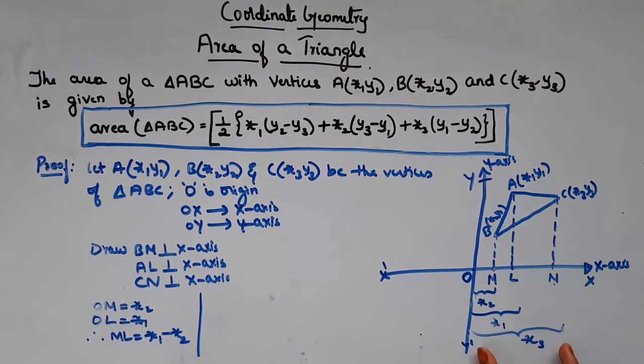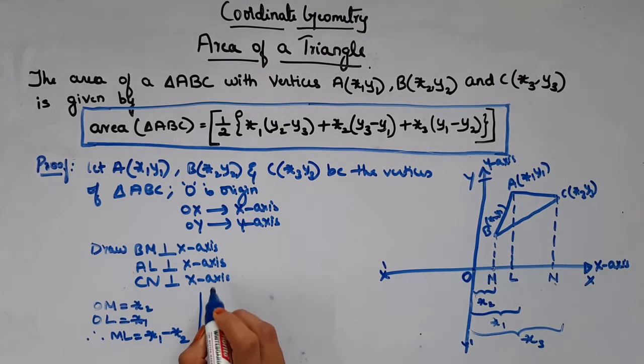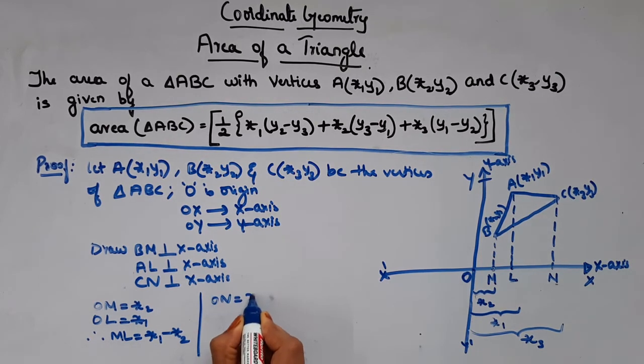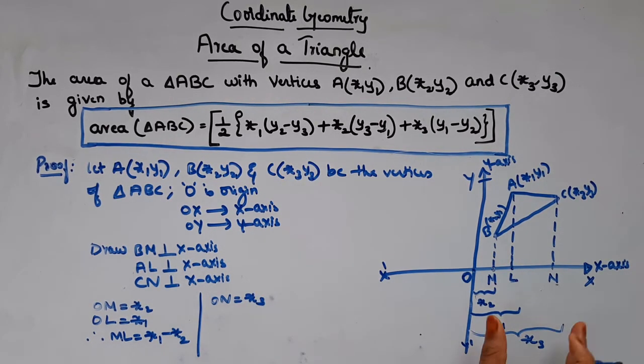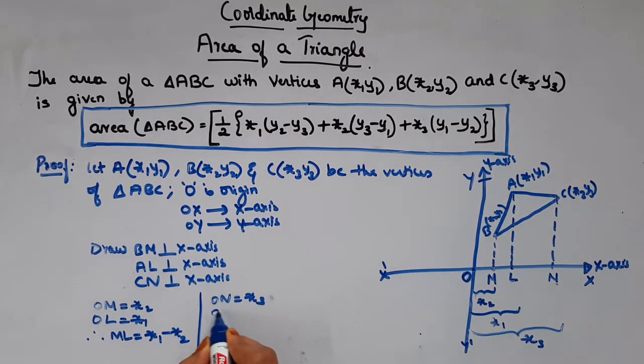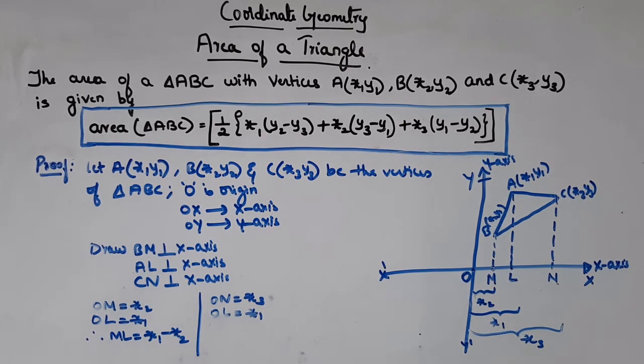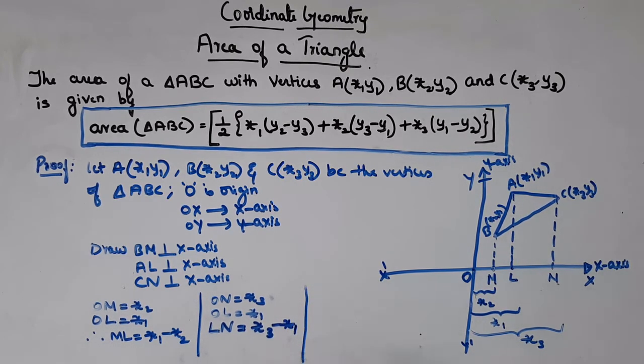And now what is LN? LN is nothing but x3 minus x1. Agreed? So therefore we have ON is equal to x3, right? And OL is equal to x1. So therefore LN is x3 minus x1. Now let's see what is MN.